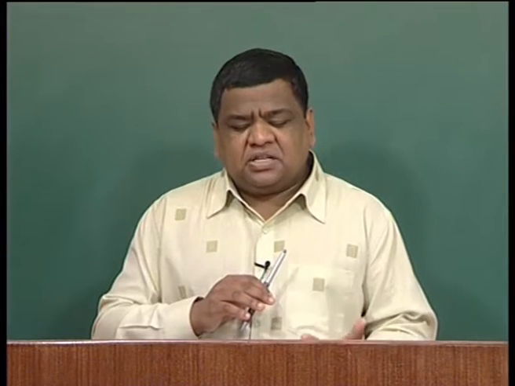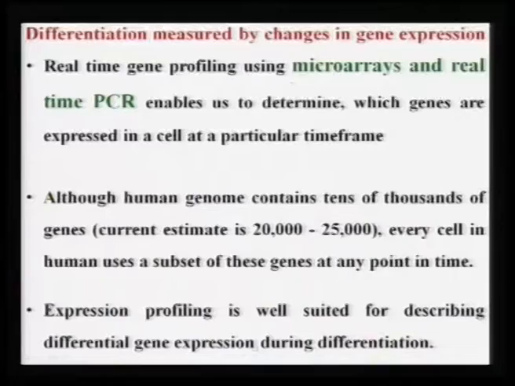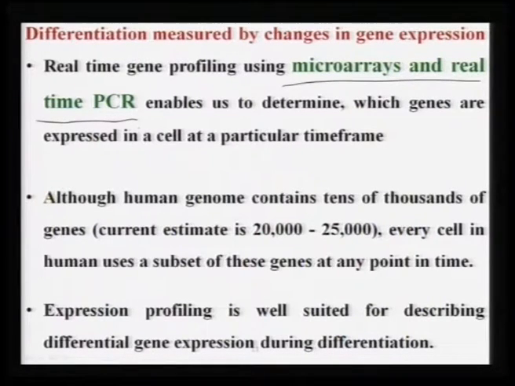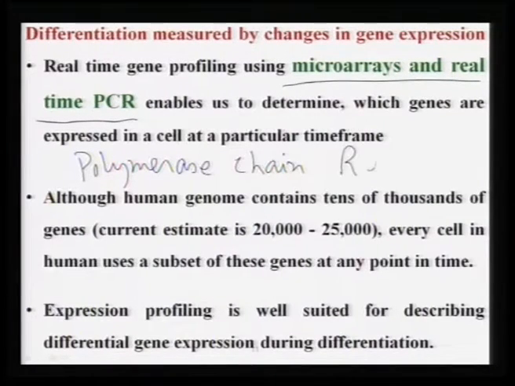The differentiation process means that your gene expression changes. How can this change be monitored? By two techniques: one is microarrays and the other is real time PCR. PCR stands for polymerase chain reaction.